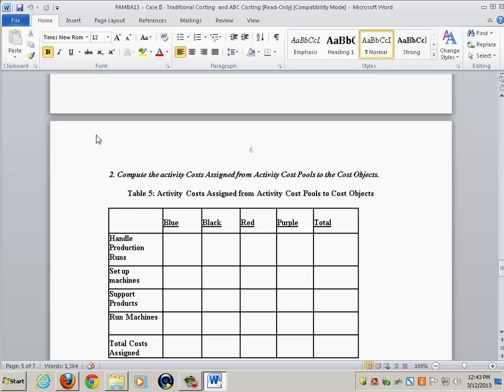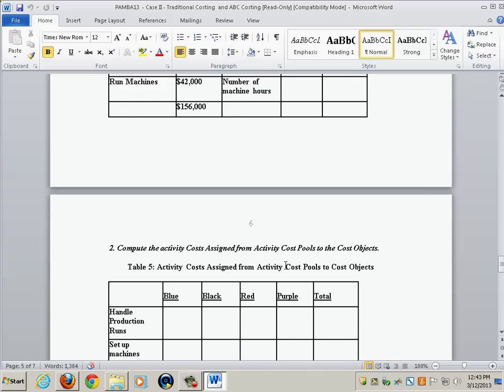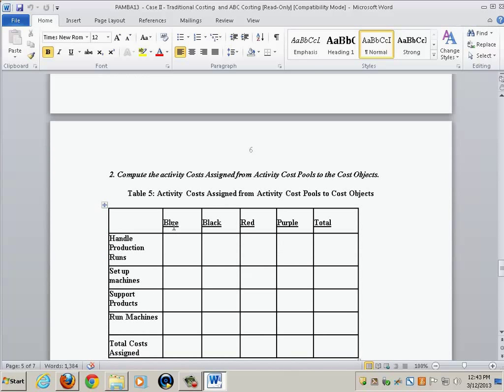Compute the activity costs assigned from activity cost pools, which are here, to cost objects. So here are the cost objects.